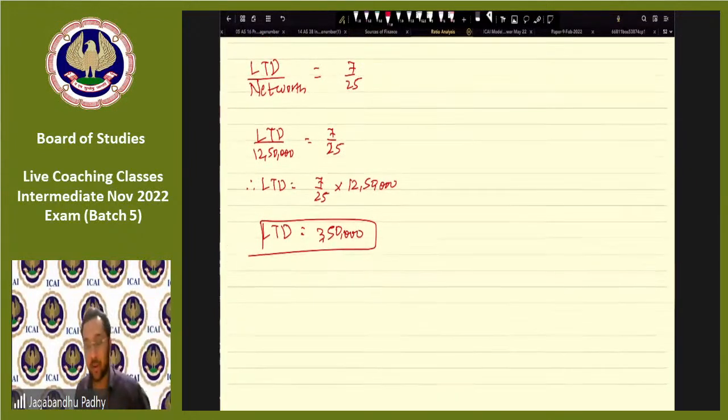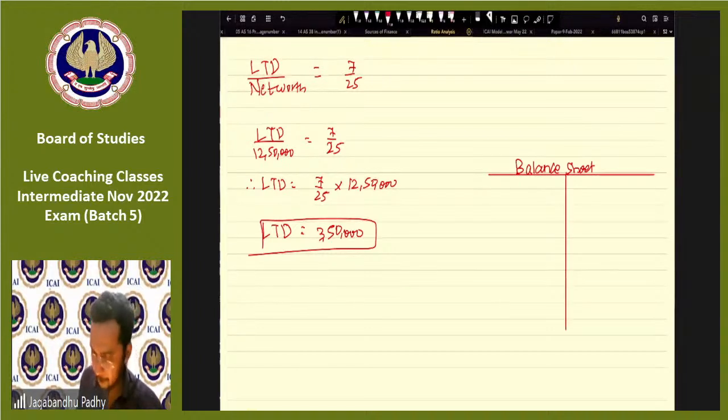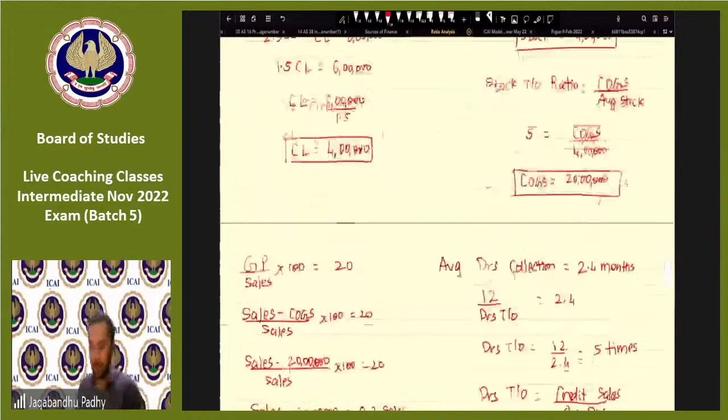Now it's time to fill up the balance sheet, guys. Let's fill up the balance sheet. Let's look at what all values we have in the balance sheet.